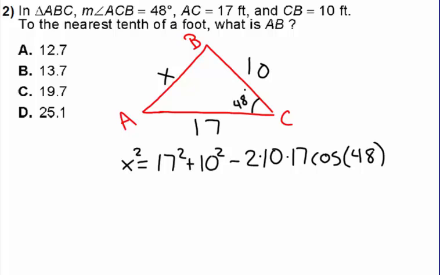So we just type this into our calculator and we get x squared equals approximately 161.496. So we have to take the square root, and we end up with, rounding to the tenth, that x equals 12.7.